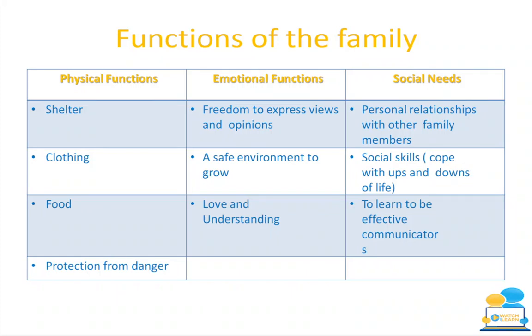For example, your please and your thank you, what types of clothing you should wear in certain situations, and how to deal with certain situations. You will learn to be an effective communicator, like how to go up to a cafe and say, I would like a hot chocolate, or how to go and buy stuff in a shop. Really important social functions. So these are the three functions of the family.